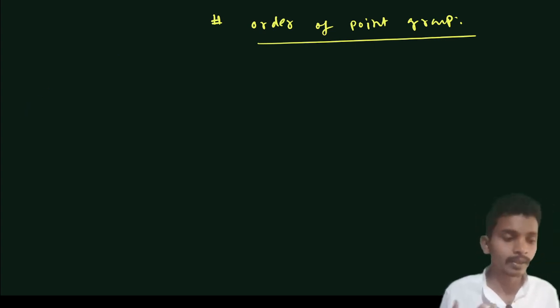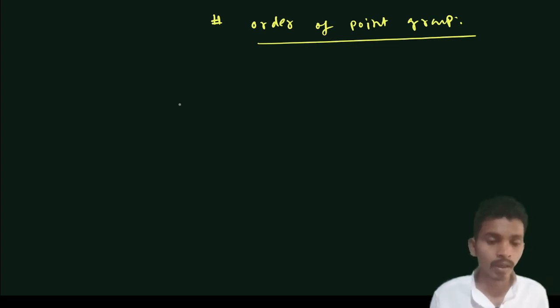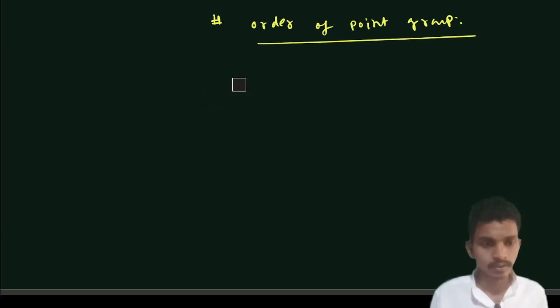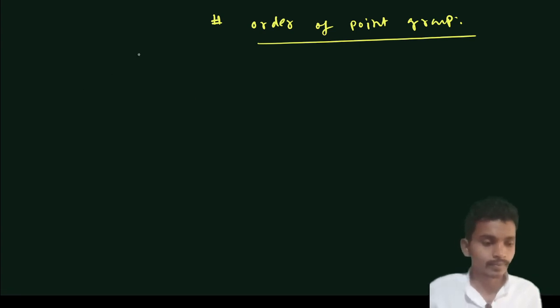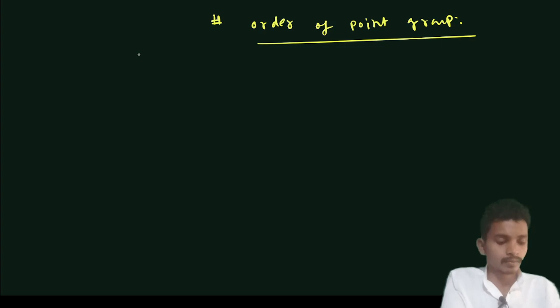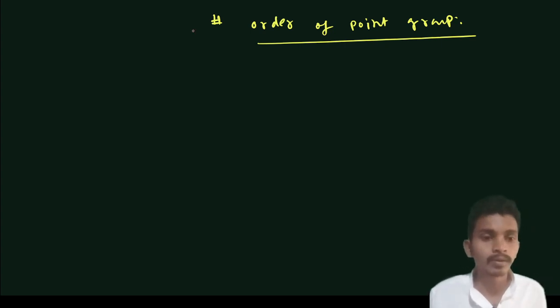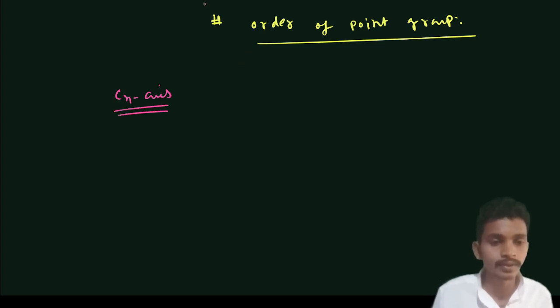Let's say we talk about any C2 axis, so let's talk about the Cn axis. If I talk about any Cn axis, let's say C2, then take the water molecule.